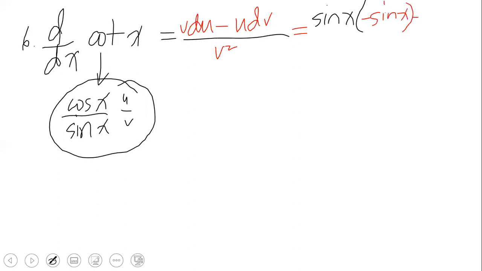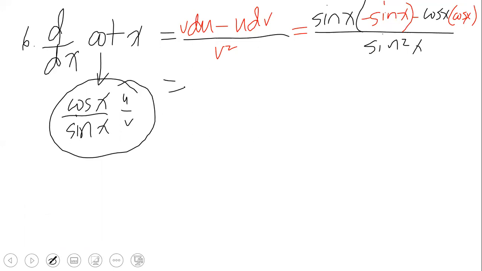Tapos minus, so I have u, so that is cosine x. Then the derivative of sine x, so v, that will be cosine x. Tapos, huwag kalimutan yung denominator over v squared. That will be ito, sine squared x.